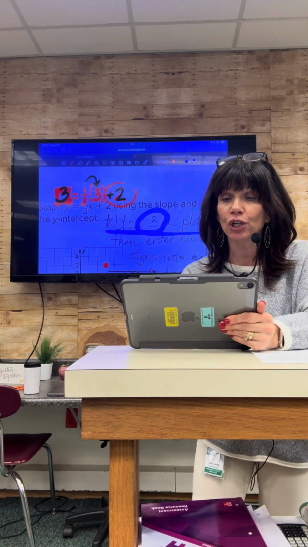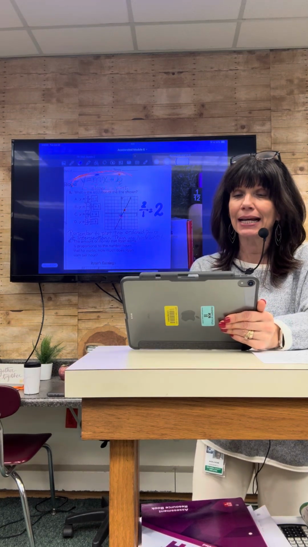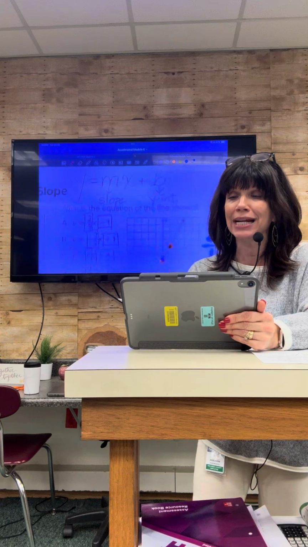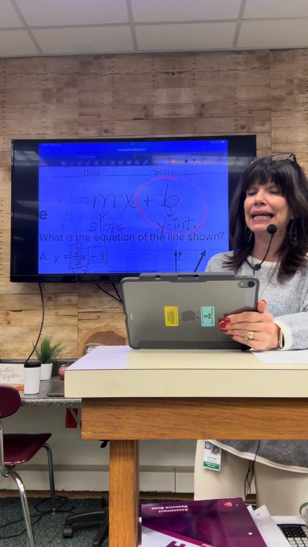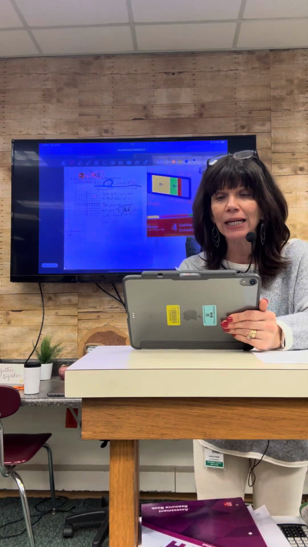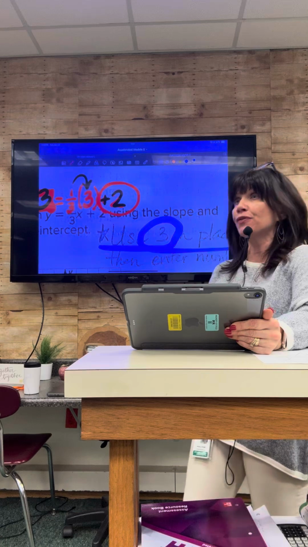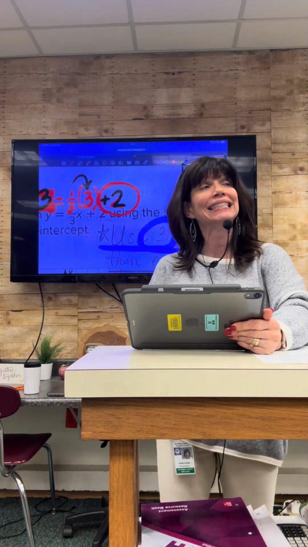Because the plus 2, remember how I gave you this hint at the top of the whole review sheet? The plus b is the location of your y-intercept. And look at this part of your equation. Do you see plus 2 right where the b value would be?